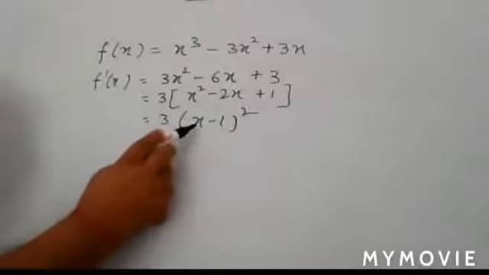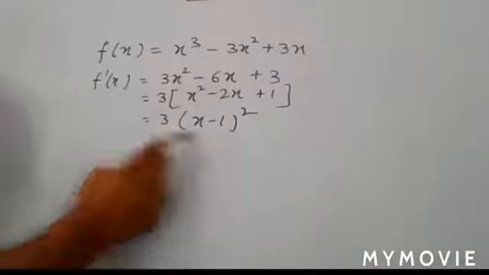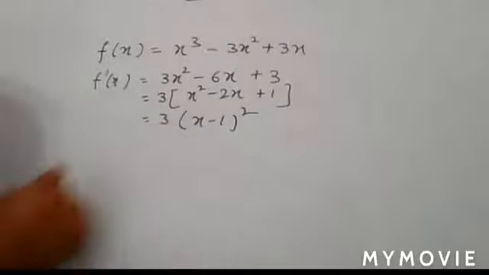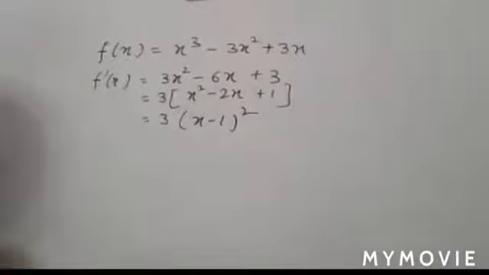But if you put x is equal to 1, the value of f dash x becomes 0. This satisfies your fifth condition, which you wrote here: the value of the derivative is greater than 0 except at a finite number of points. Here the point is x is equal to 1, where the value of f dash x becomes 0.